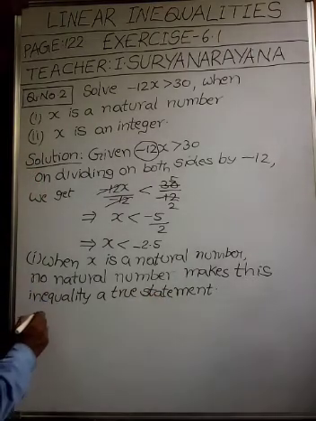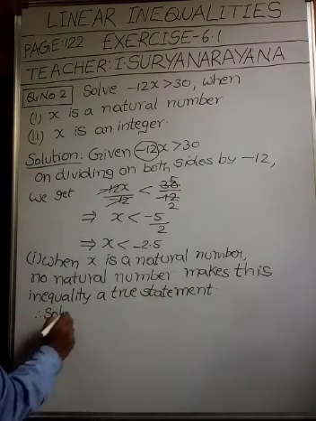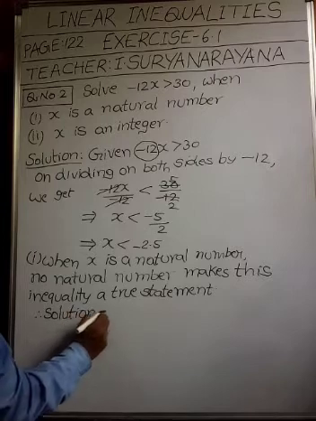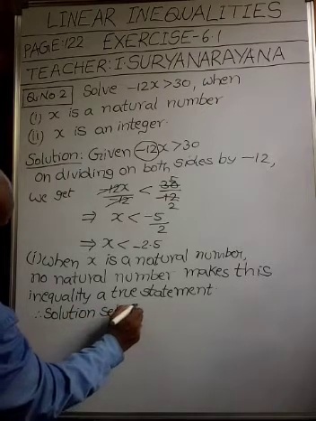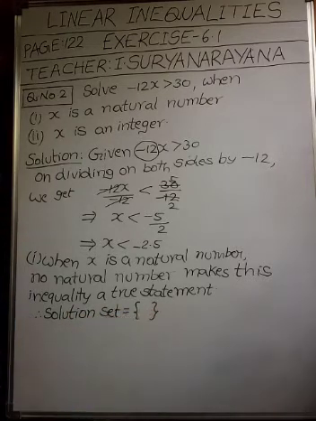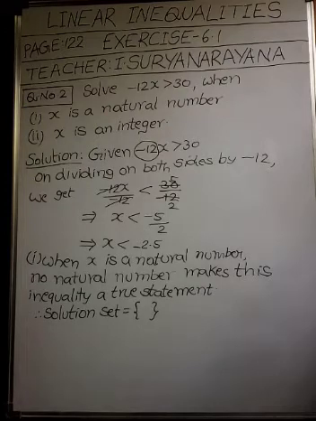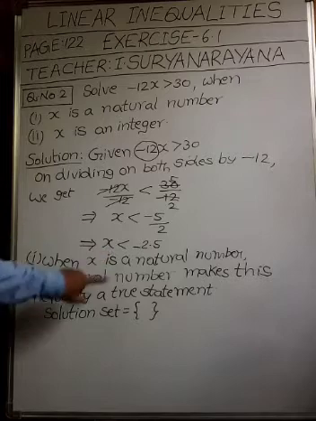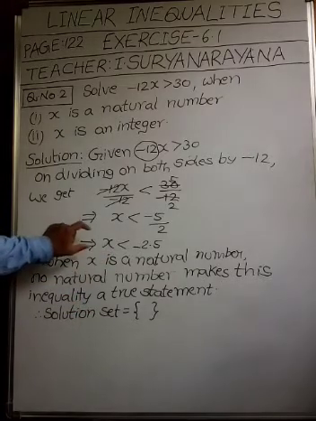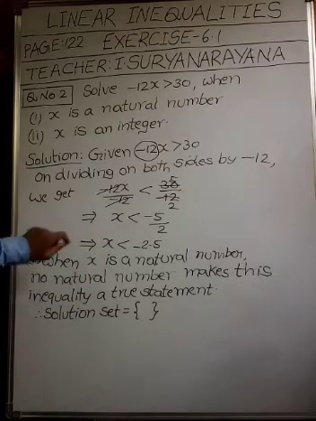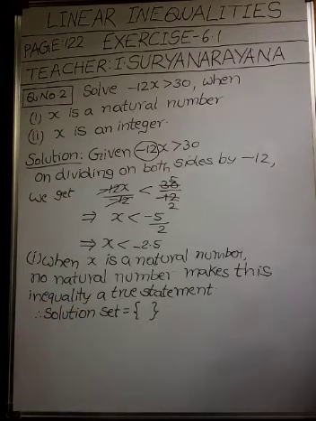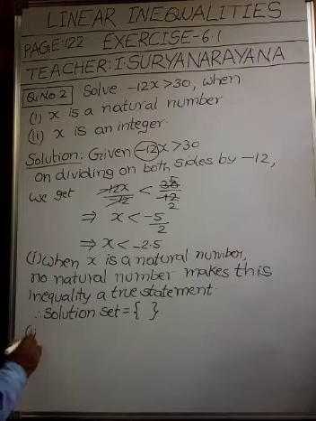Therefore, the solution set is the empty set, because there is no natural number which makes this inequality a true statement. That is why the solution set of this inequality is the empty set. Understood this step, my children? Right. Now come to the second part.